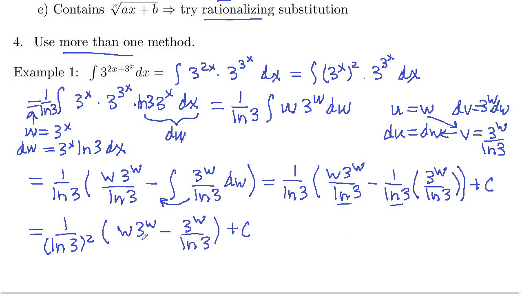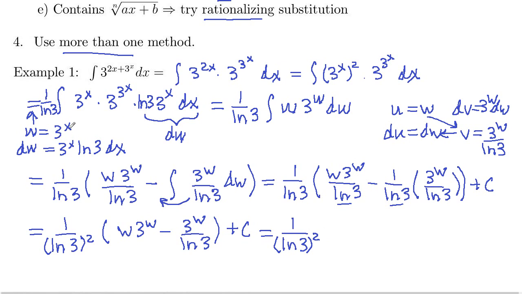And then notice, I guess we have a common 3 to the w that we could pull out if we wanted to. But we'll go ahead and leave this. So 1 over ln of 3, quantity squared, and we just need to reverse our substitution.